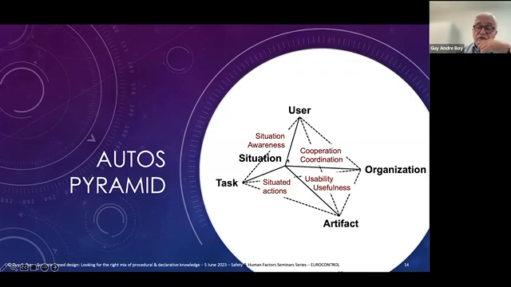Is the artifact usable in any situation or in a limited set of situations? Is it useful, etc.? And then on this one, you have all the way the organization is set with the supervision, cooperation, coordination, mediation, all these kind of things.